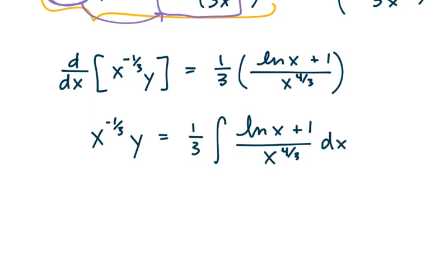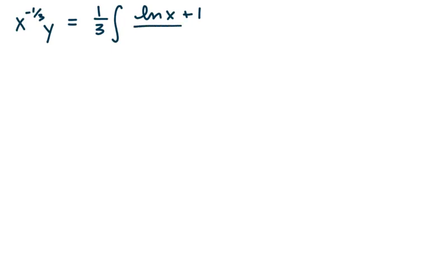So in order for us to integrate this, we're going to integrate by parts. I'm going to skip to the next sheet here so I've got more space. We're going to start with x to the negative 1/3 y. I'm just rewriting what we have. 1/3 of the integral ln x plus 1 over x to the 4/3.